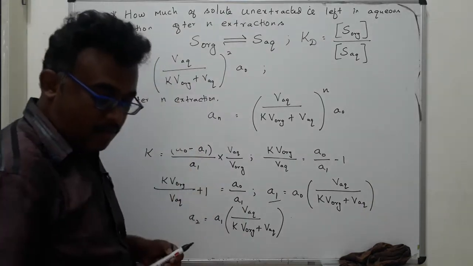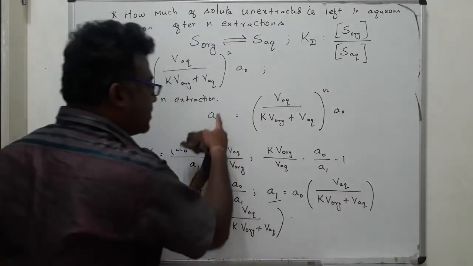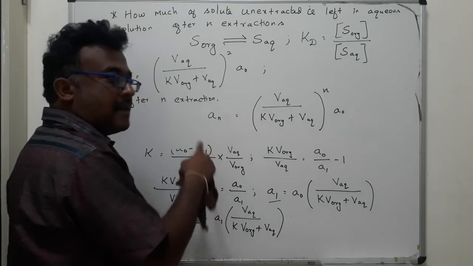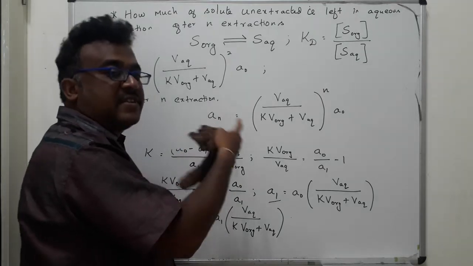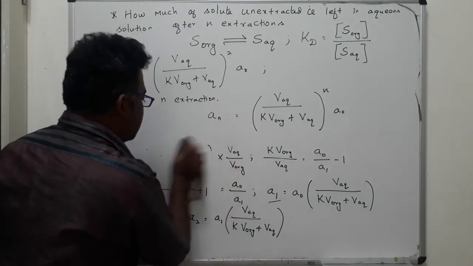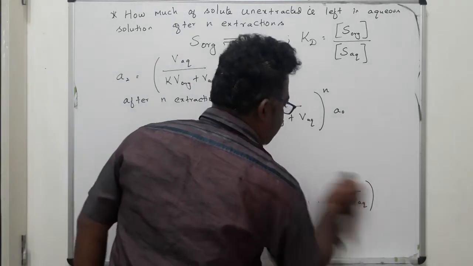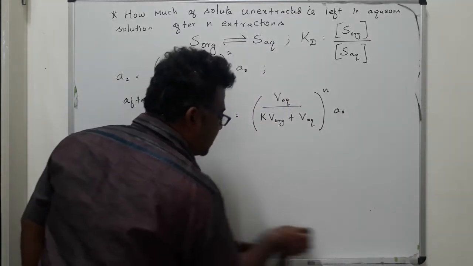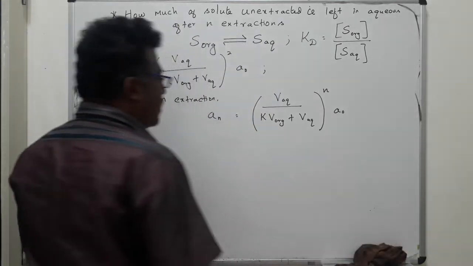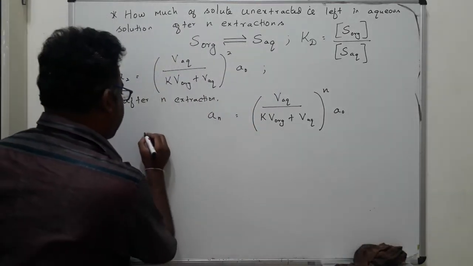Okay. Now this term is related to millimoles. That millimoles will now be changed with respect to the molarity of the solution. That will be more convenient for us. So for convenience, we are going to change the millimoles into molarity of the solution.